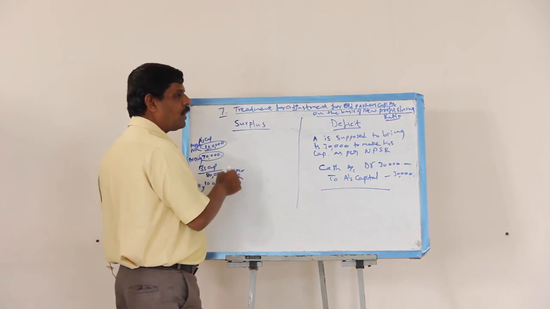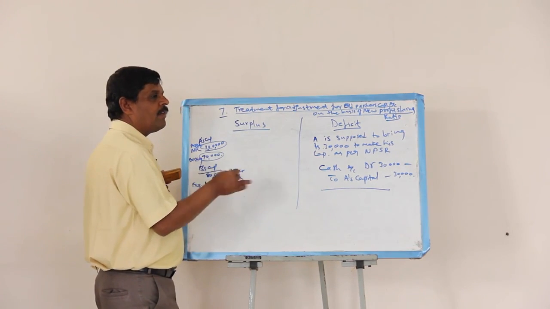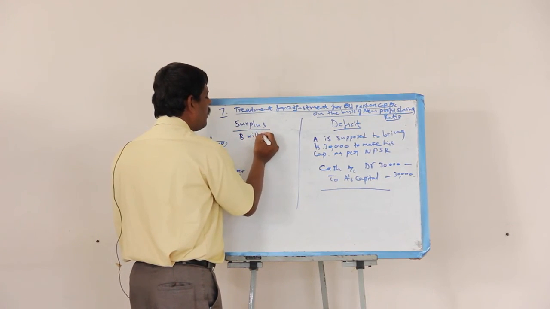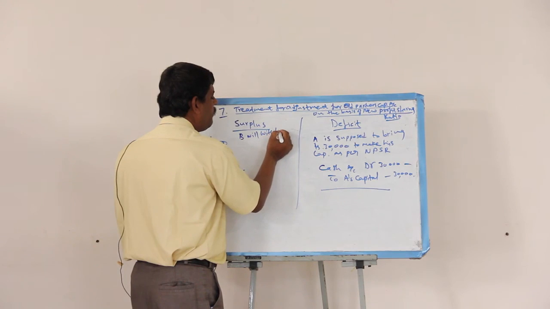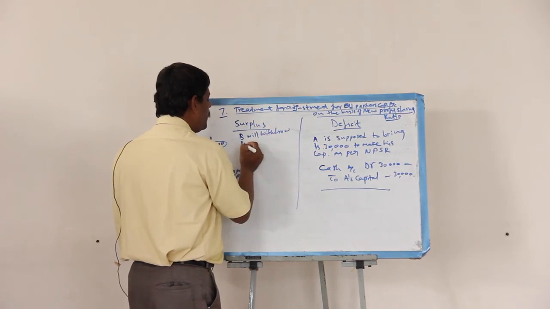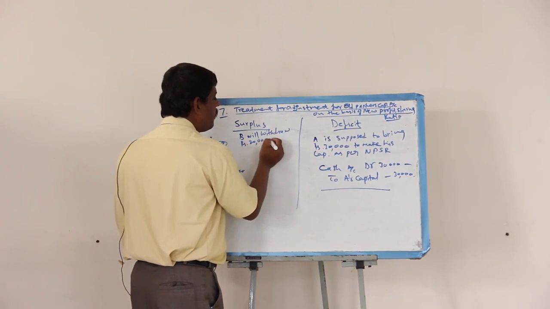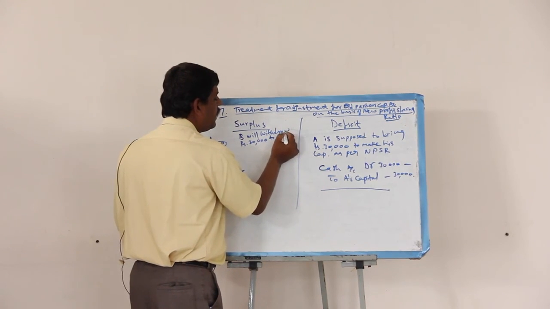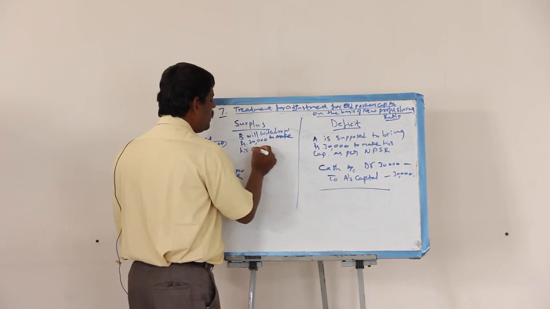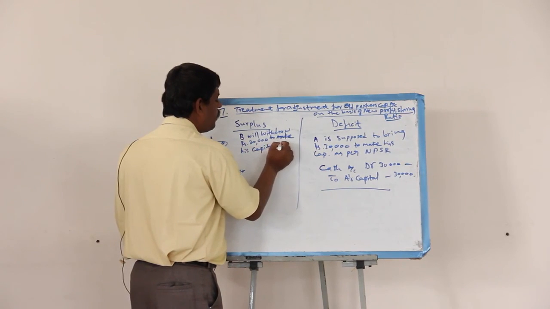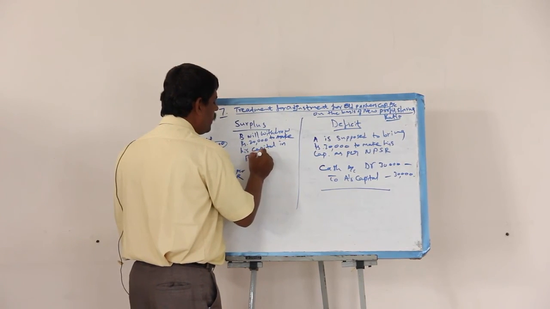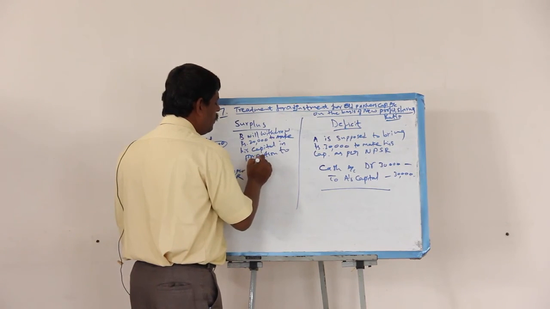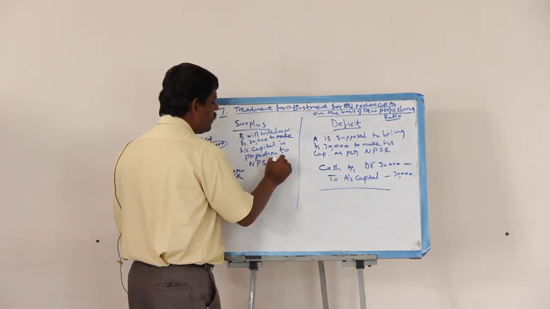Therefore, the surplus money existing in the business will be taken away by B. In that case, B will withdraw 20,000 rupees to make his capital in proportion to the new profit sharing ratio.